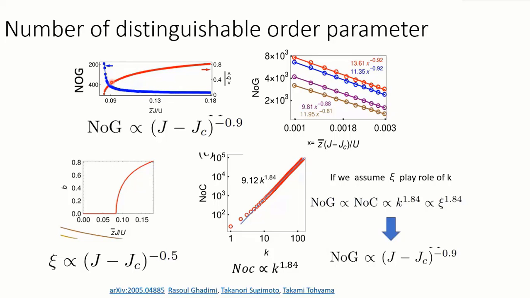Although maybe the exponent is different, you should see this divergence of the NOG in the experimental setup. This is my suggestion, because here I just use a very large threshold for the calculation. Therefore, I suggest maybe we can see this in an experimental setup.